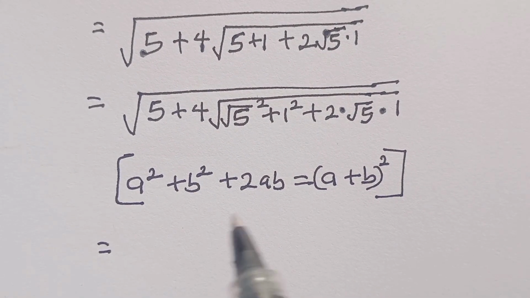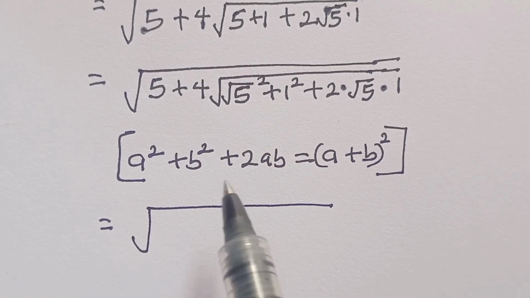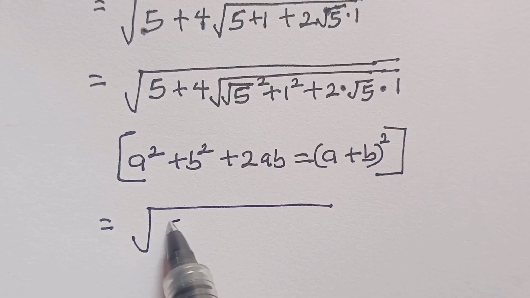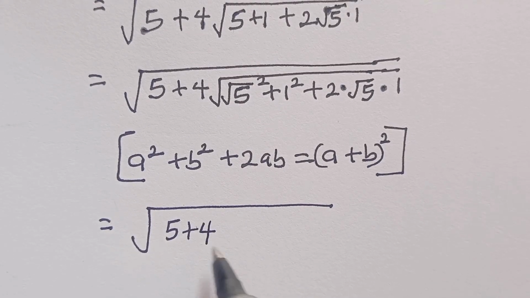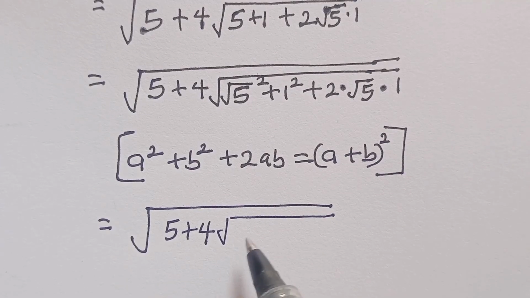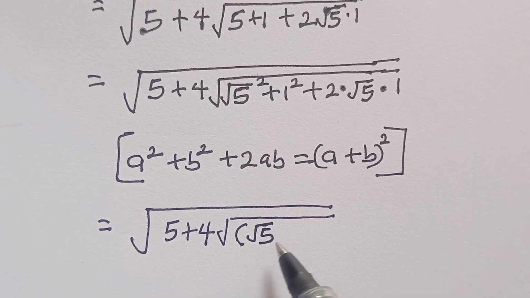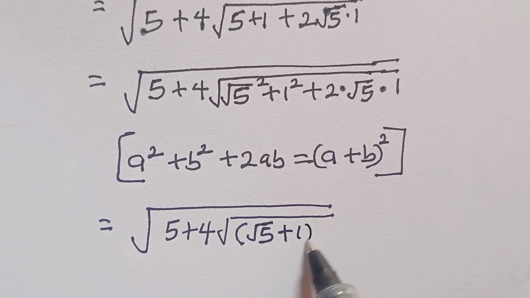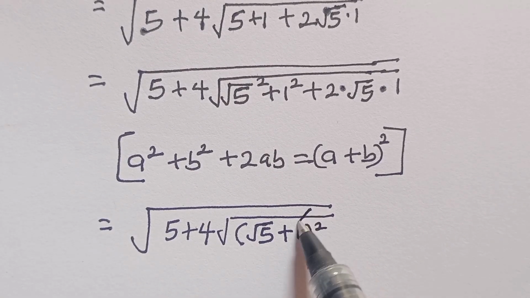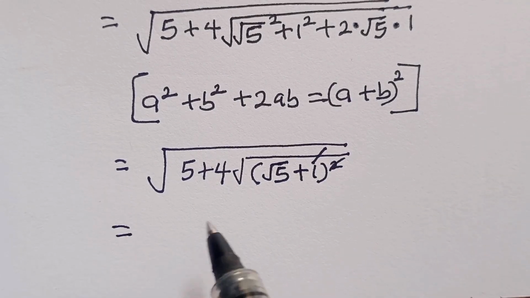Applying that, my a will be square root of 5 and my b will be 1, so everything is squared. And that's where we cancel the square. So we are able to eliminate the inner square root.